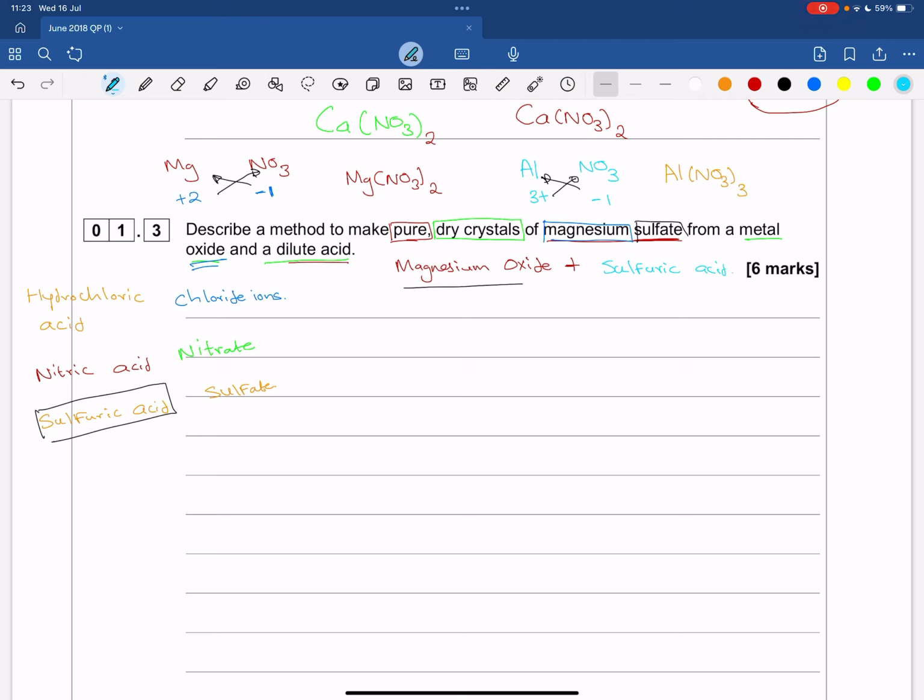This acid is very corrosive. It's a strong acid. Therefore, you need to use dilute acid. And you need to specify how much volume of acid you should be using. So how could you measure the volume of acid? You should use a measuring cylinder.